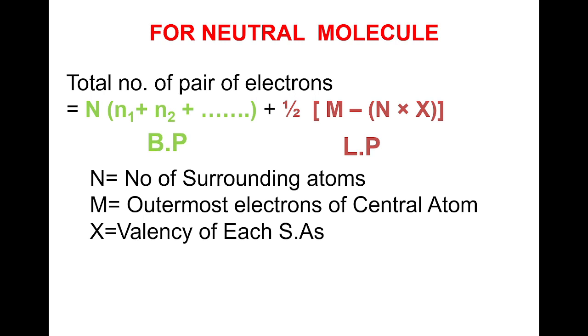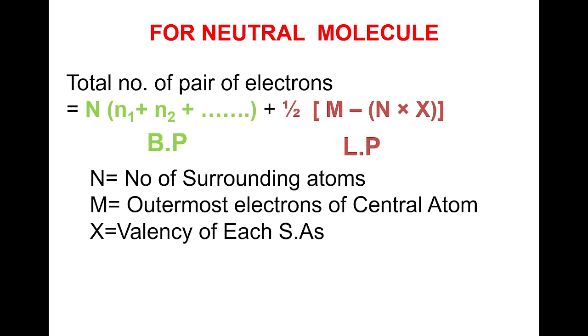So the total pairs of electrons is equal to bond pairs of electrons plus lone pairs of electrons, and the number of bond pairs depends upon the number of surrounding atoms. The surrounding atoms can be of one type or different types, so here capital N with N1, N2 means they can be different atoms.